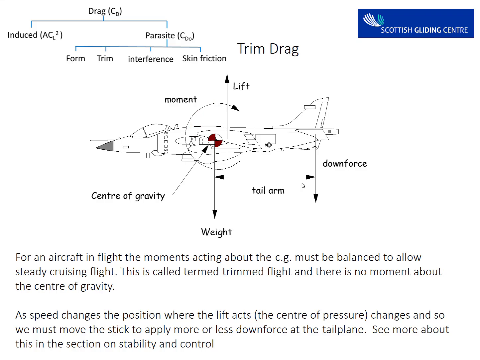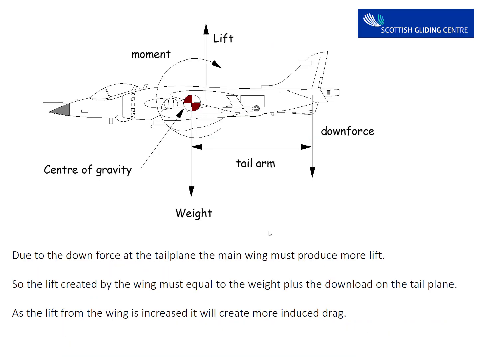Now the problem is that when we say that the lift equals our weight, it's not actually true, because the lift has to balance the weight but also the downforce from the tail plane. And so because we've got the tail plane generating the downforce, we need to generate more lift, and if we generate more lift we generate more induced drag, and so our trimming surface at the back there is generating more induced drag on the aircraft.